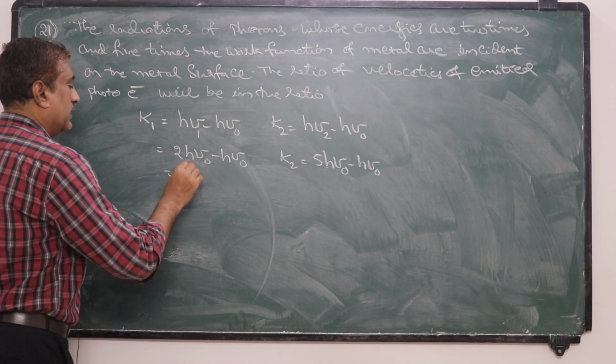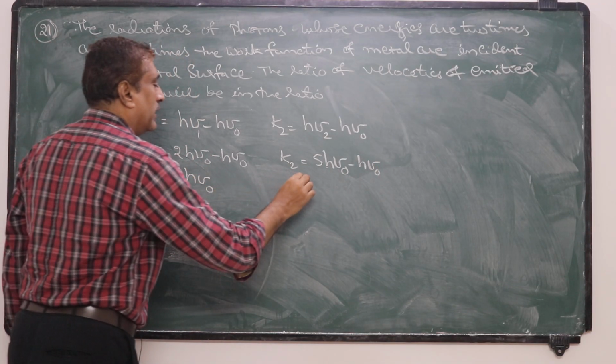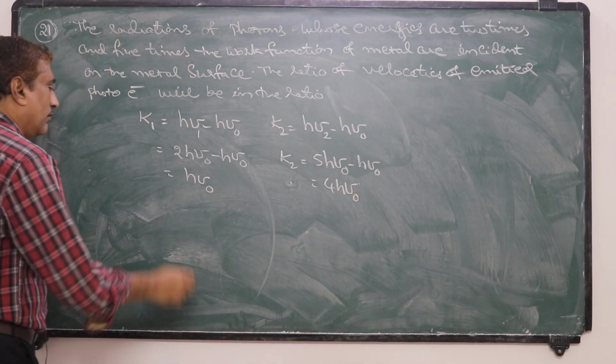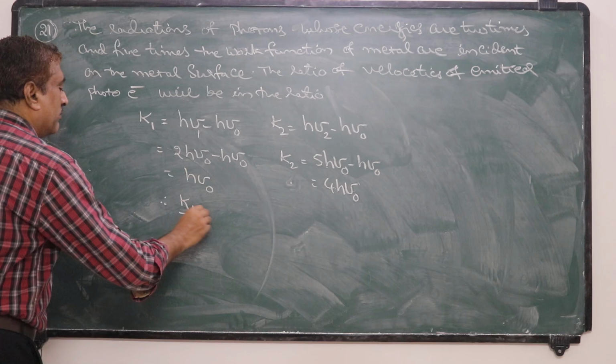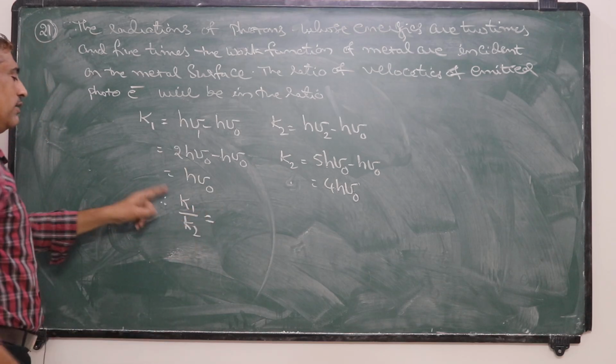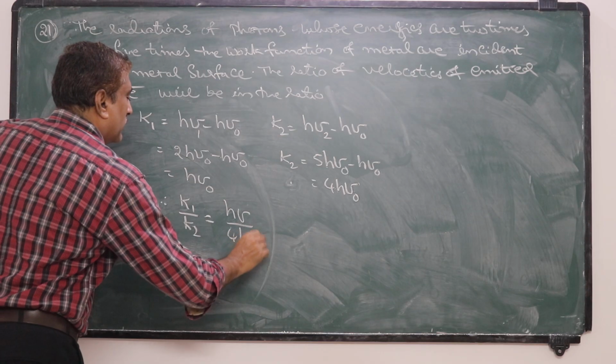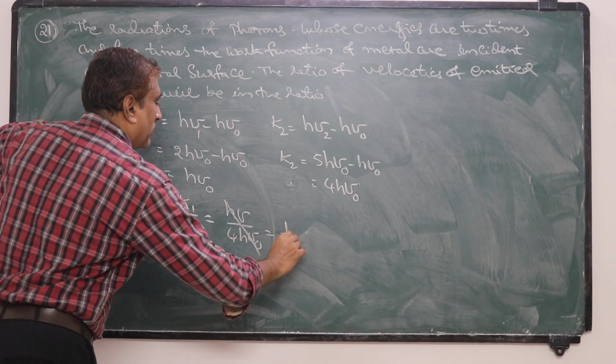That implies K1 is h nu naught, and K2 is 4 h nu naught. Therefore, the ratio of kinetic energy K1 by K2 is h nu naught by 4 h nu naught, that is 1 by 4.